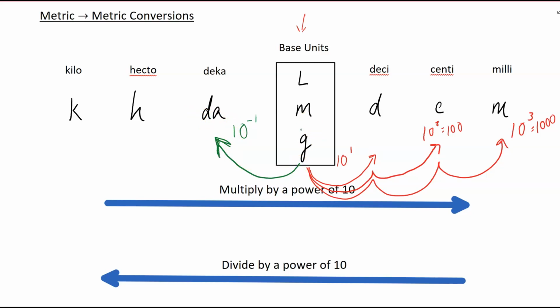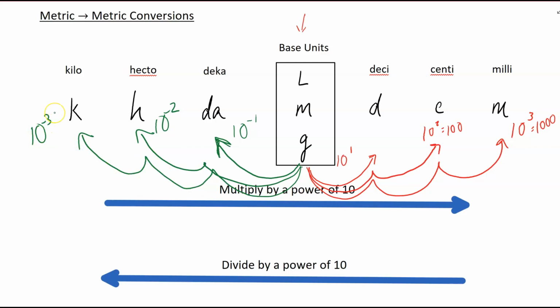And going to hectometers, 10 to the minus 2 for the number of hectometers equal to the number of meters. And 1, 2, 3, 10 to the minus 3 for the number of kilometers equal to the number of meters.